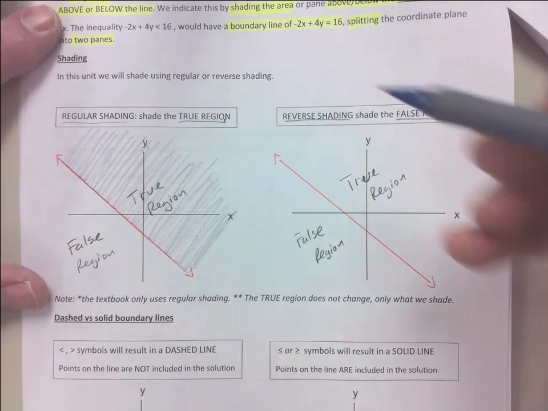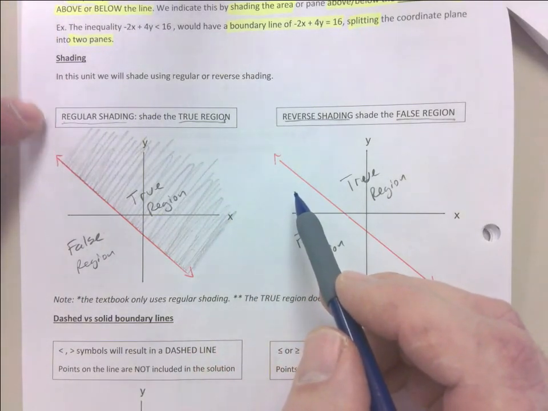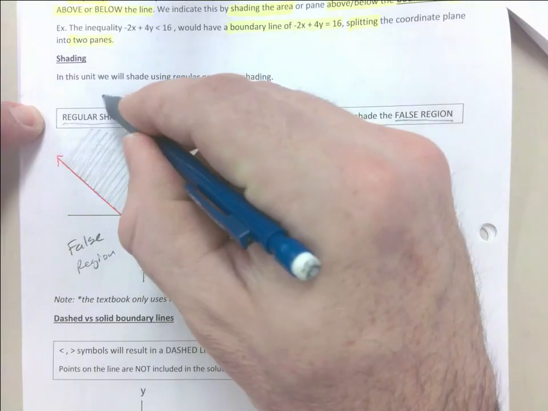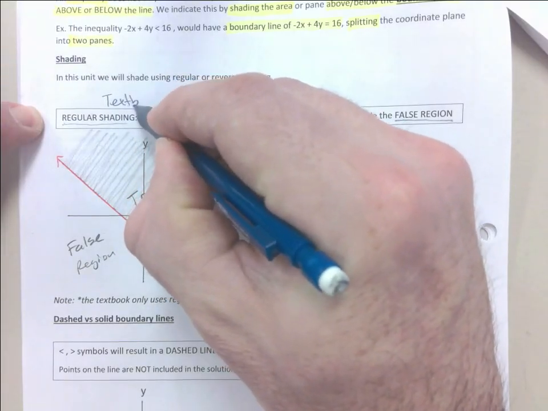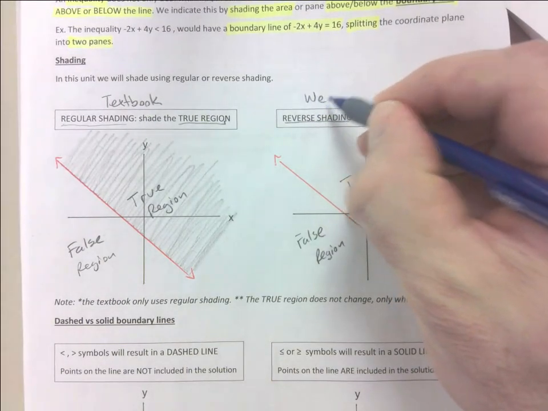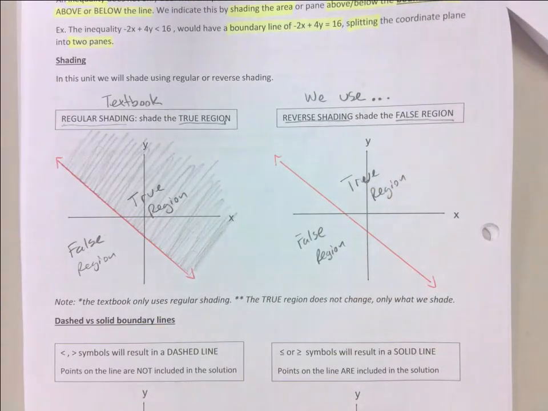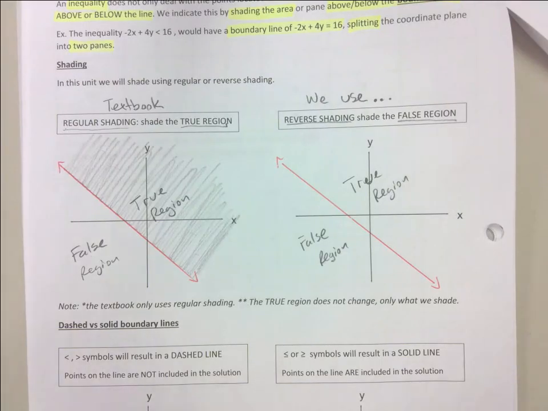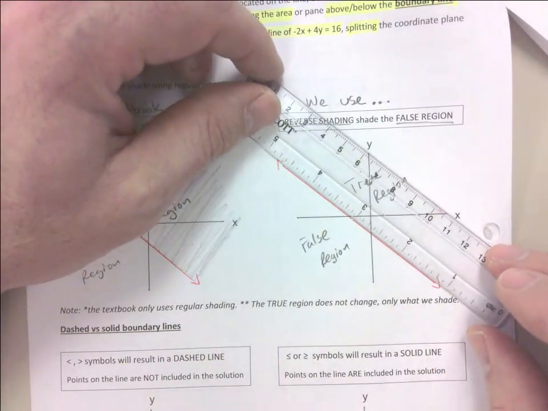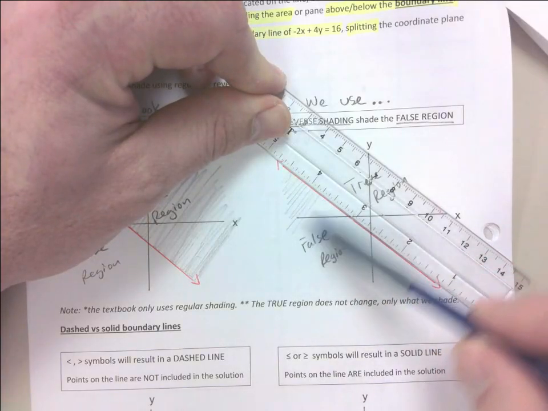And maybe at the top of where I have regular shading, I'll say that this is textbook. Textbook, for the most part, will use that. We use reverse shading. So what we will do is we'll take the false region and shade that.